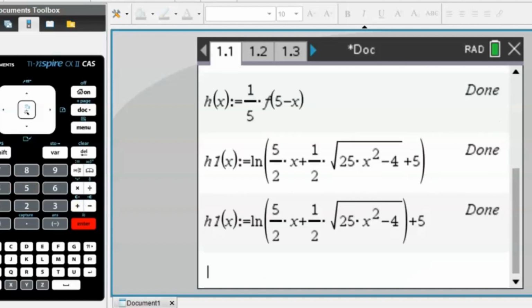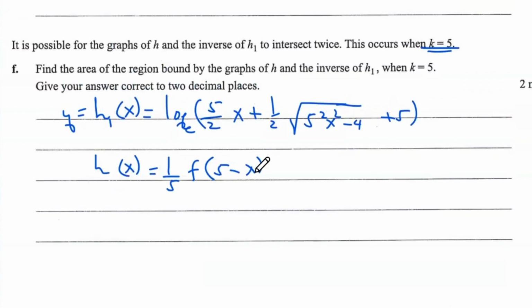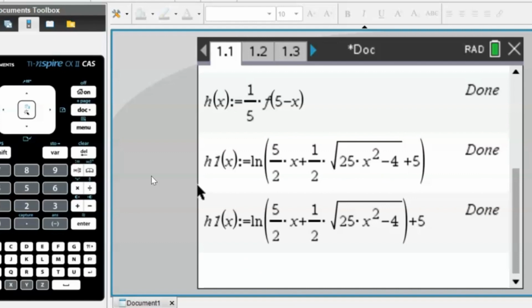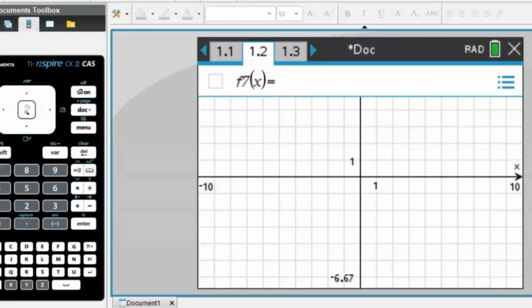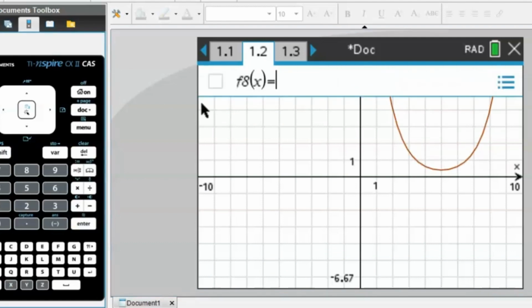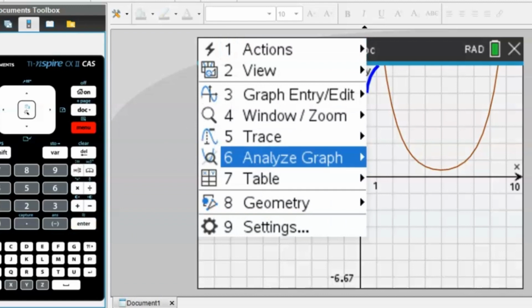Alright, that's better. Now find the area bounded by that. We're going to find the intersection of the two. Let's get to doc, h of x, and tab, h inverse of x. Alright, now let's get this one here.